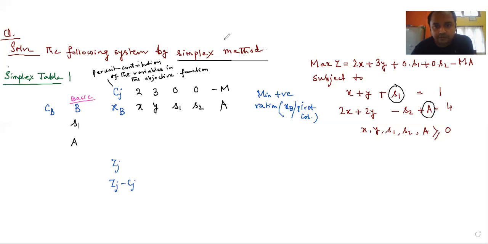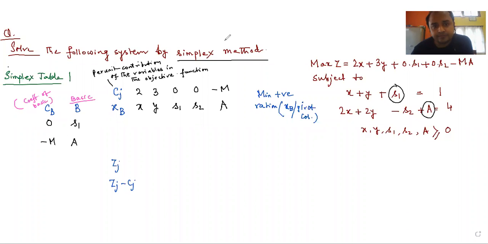CB stands for coefficient of basic variable. So I'm writing here the coefficient of S1, which is 0. And the coefficient of A, as we can see from the objective function, is minus M.